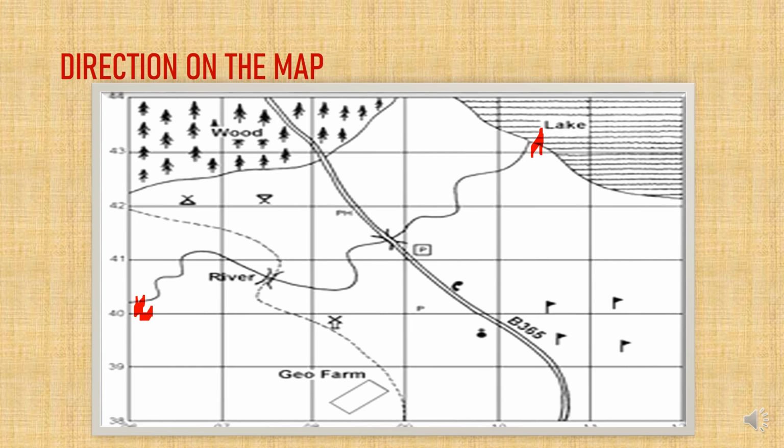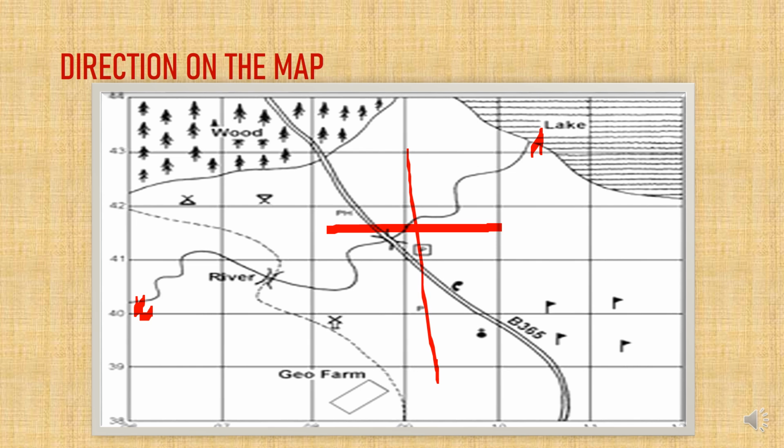There are so many ways, but on this map I'm going to show you that it's common sense that the river is going into the lake, not the other way around. So the river is going into the lake, and you draw your 4 cardinal points in the middle of the river like this.